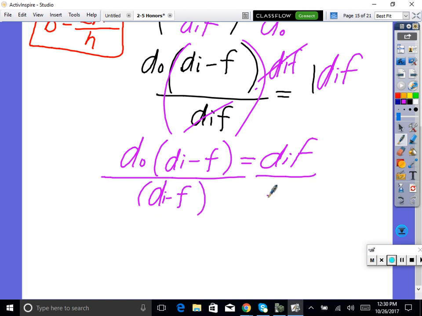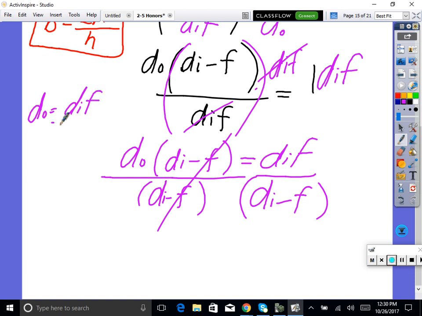Divide both sides by DI minus F. So the algebra wasn't quite as straightforward on this one. So D naught equals DIF all over DI minus F. Your algebra would have come out the same way as we would have done it the first way. We would have our common denominator, flipped the second, and we would have got here.